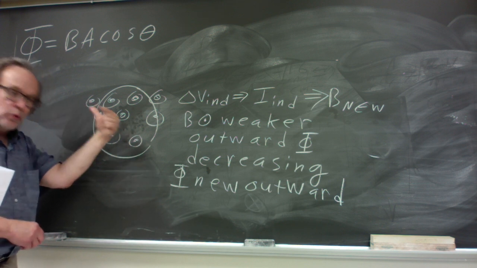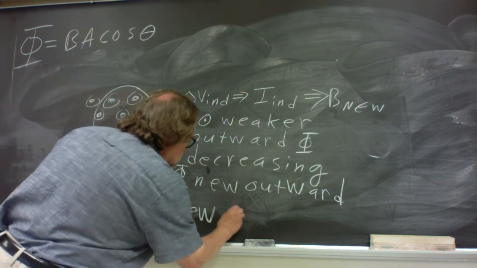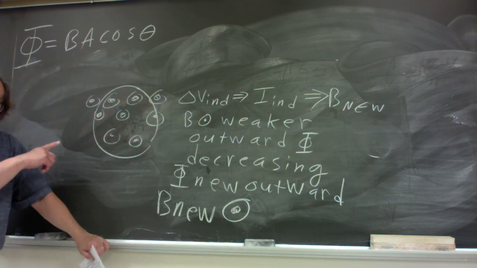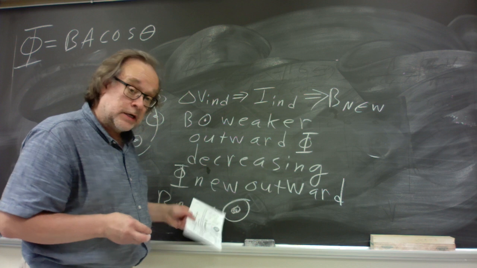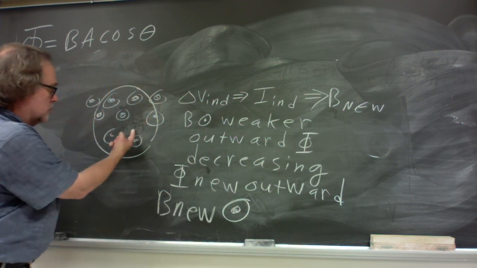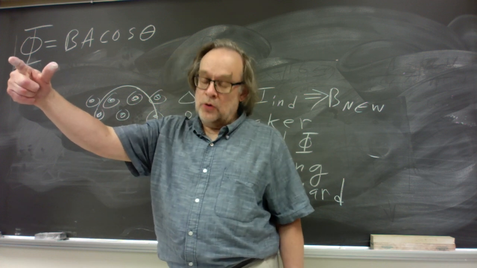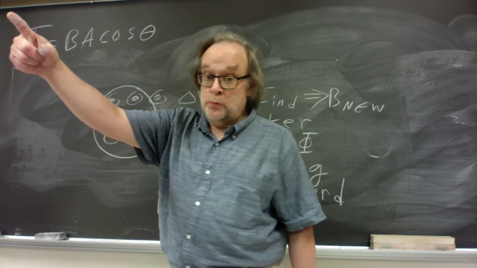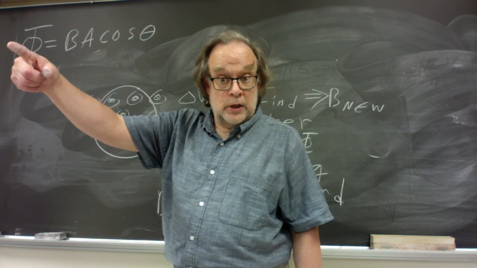The new magnetic field points out this way. And what kind of current, clockwise or counterclockwise, what kind of induced current, in other words, will give us this kind of field? Well, we want field inside the loop. Remember, always, it's what's inside the loop that matters. We want field inside the loop pointing this way, and we'll get that if we have counterclockwise current.